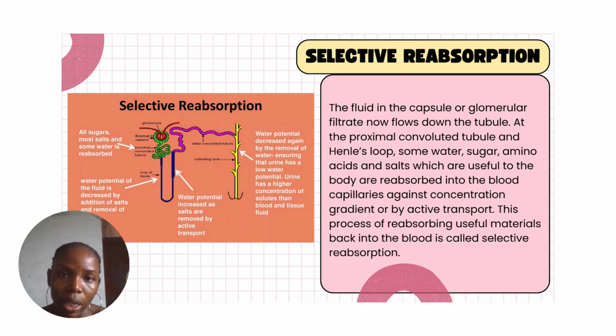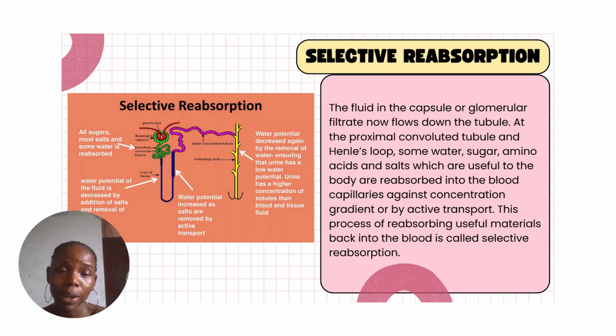Now, when they are collected in the Bowman's capsule, they flow down the tubule. Then at the proximal convoluted tubule and the loop of Henle, some water, sugar, amino acids, and salts, which are still useful, are reabsorbed into the blood capillaries.